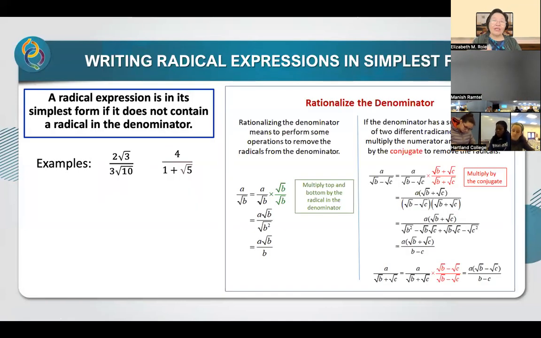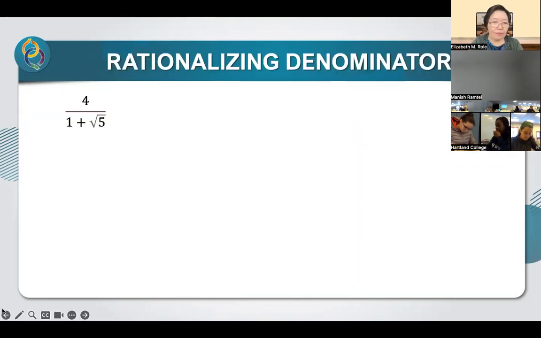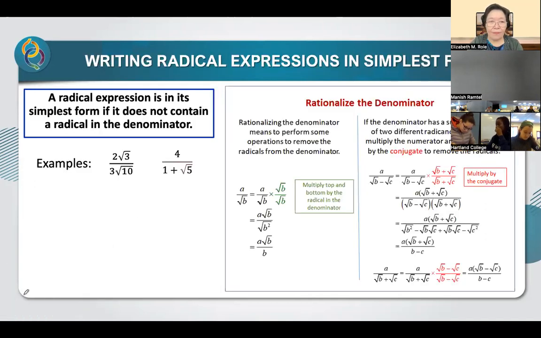Okay. So I was talking about rationalizing the denominator, when we want the denominator not to have a radical. So if I talk about the square root of 10 times the square root of 10, what will that be?